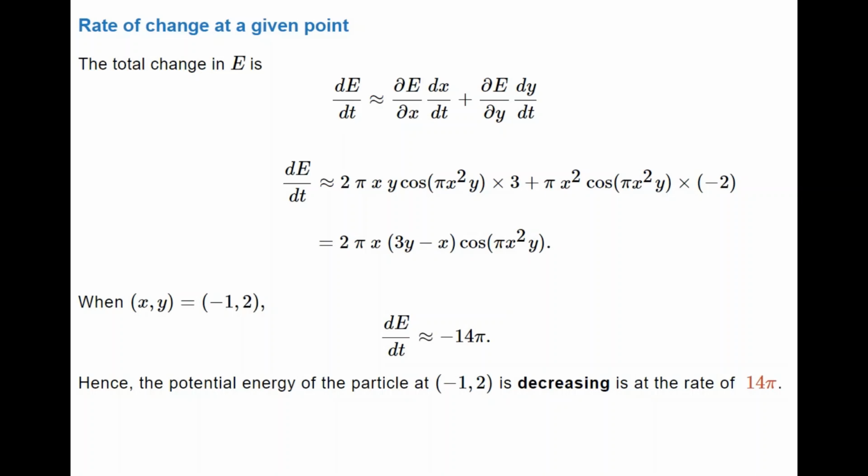The overall energy depends on both x and y and on their combined effect. So the combined effect of the changes along the x and y directions is that the total potential energy of the particle appears to be decreasing at the rate of 14 pi.